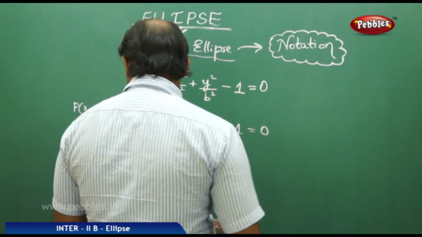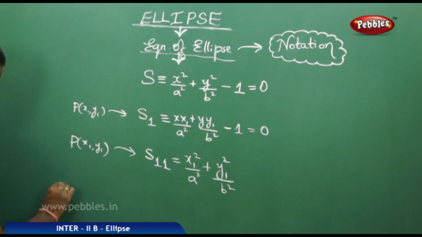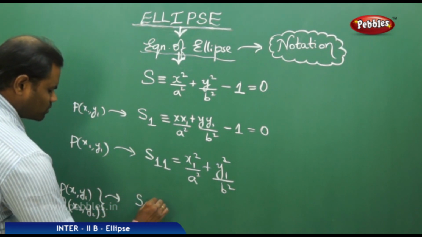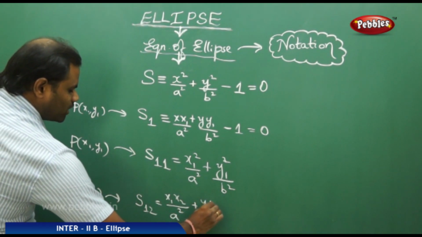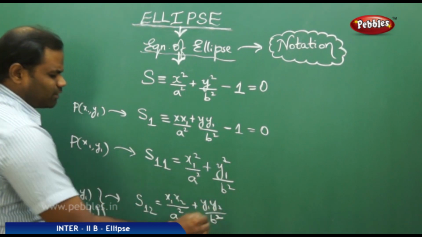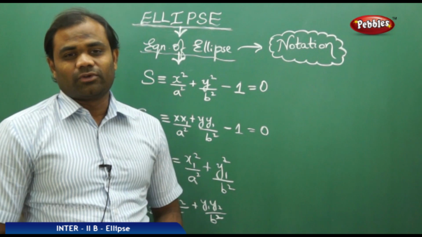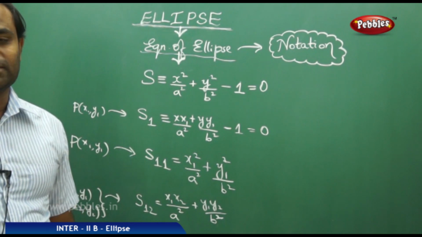Say for example, I have two points P(x1, y1) and Q(x2, y2). Then I can find S12 to be x1x2/a² + y1y2/b² − 1, which is how we identify the simplification of this, and these are various notations which we use for the equation of the ellipse and its respective properties.